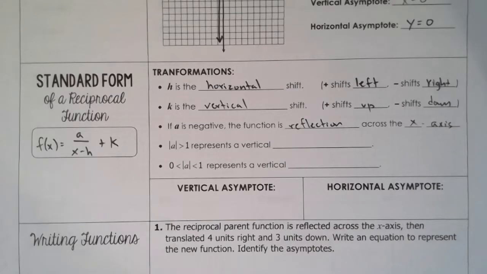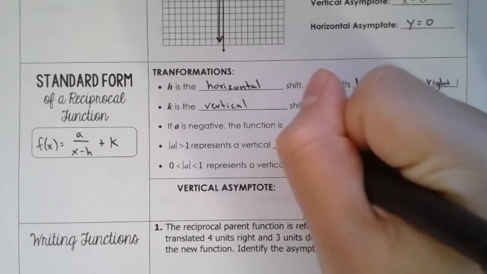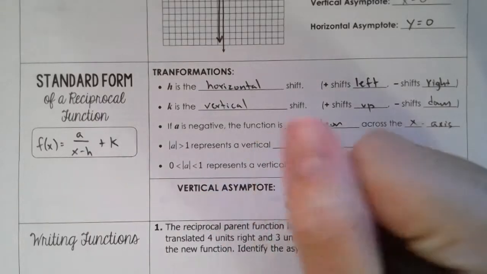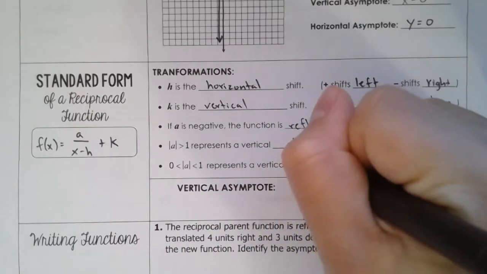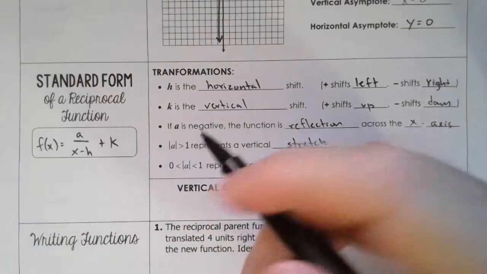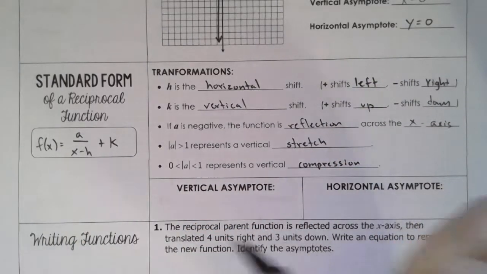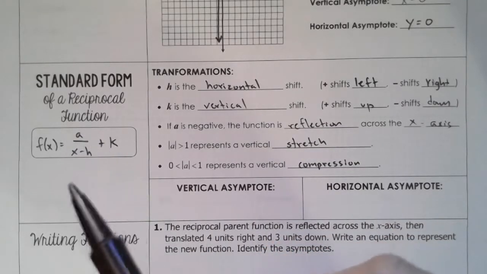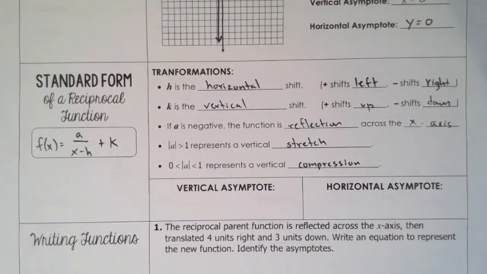If A is greater than 1, you have a stretch, and if the absolute value of A is less than 1, you have a compression. Works the same way, right? As you plug in, if A is greater than 1, f of x is just going to get larger. If you have something less than 1 when you evaluate, f of x is just going to get smaller, so it's a compression.